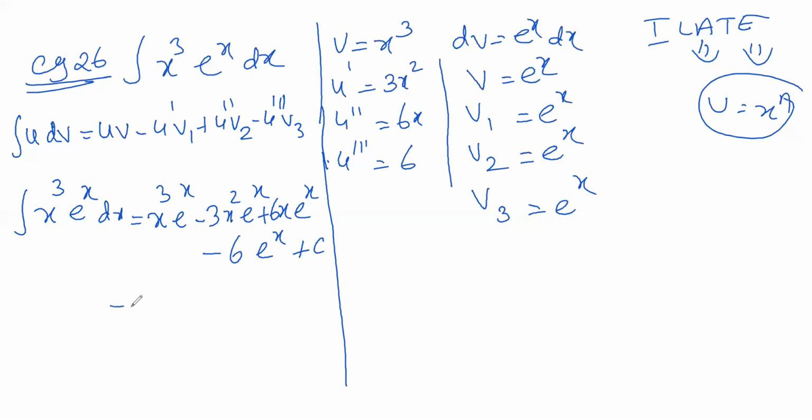In all the terms, e power x is common, isn't it? So taking e power x outside, the remaining is x cube minus 3x square plus 6x minus 6 plus c.